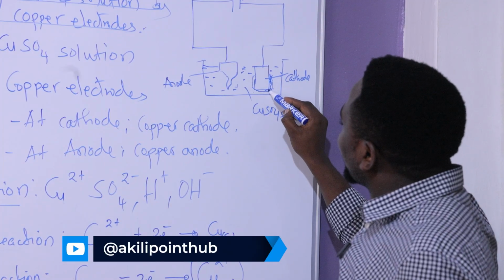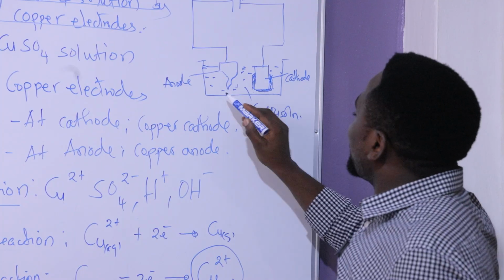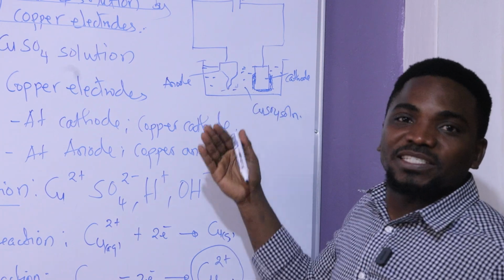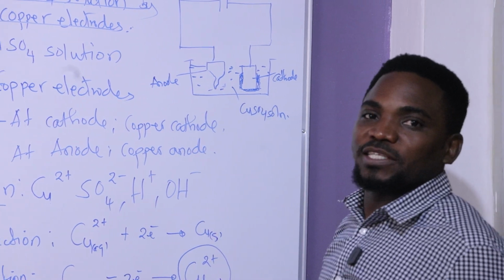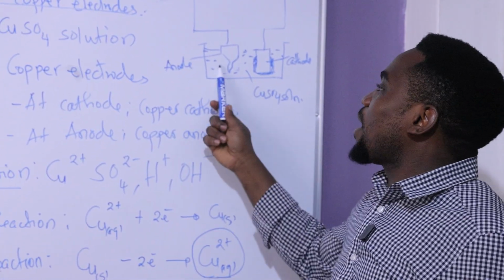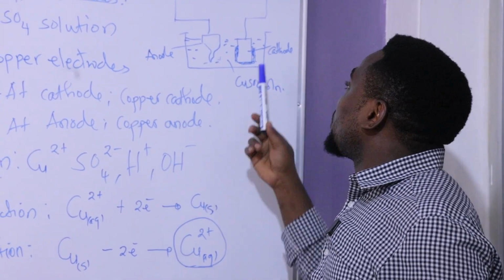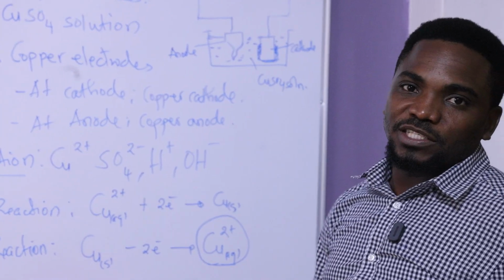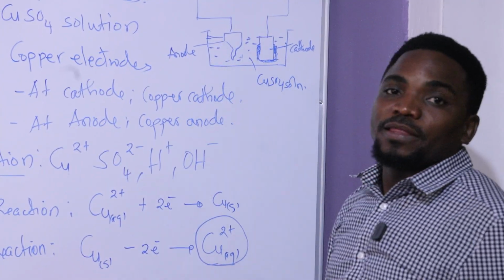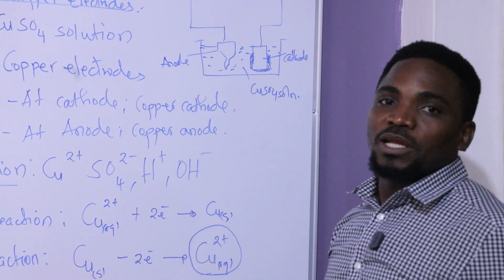Remember, there will be deposition of copper at the cathode. At the anode, its mass decreases because it is ionizing. That's why we say at the end of the reaction the mass of the anode decreases while the mass of the cathode increases, just because copper is deposited there and copper ionizes here.